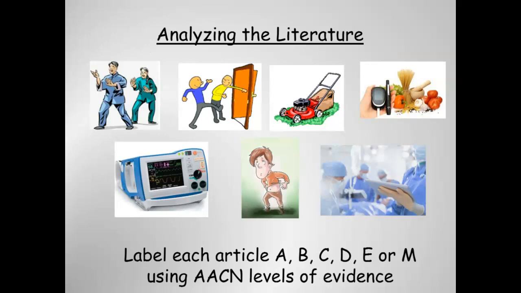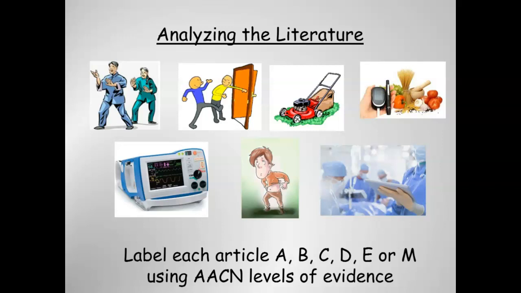So now we're coming to a time where we're going to practice analyzing literature. So I've collected a bunch of articles, hopefully have a little bit of a sense of humor to them, but each of them are different in different ways. And I want you to look at these articles and choose which one they are. A level A, a level B, a level C, a level D, a level E, or a level M, using the AACN levels of evidence.